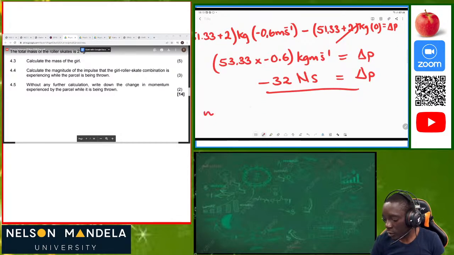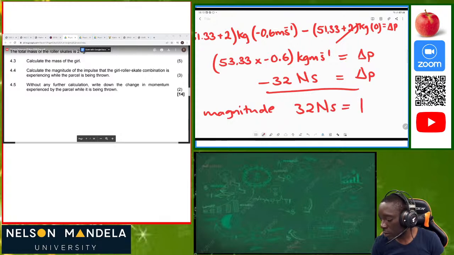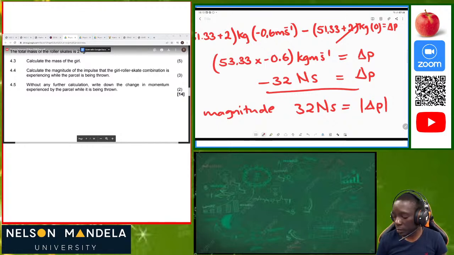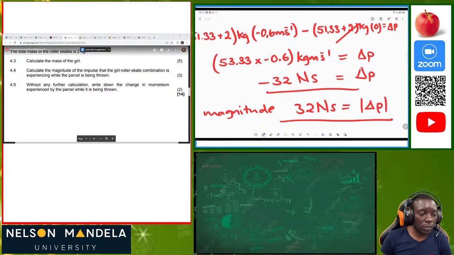So for magnitude, the answer is 32 Newton second as the magnitude of the change in momentum. So that's how we find impulse.